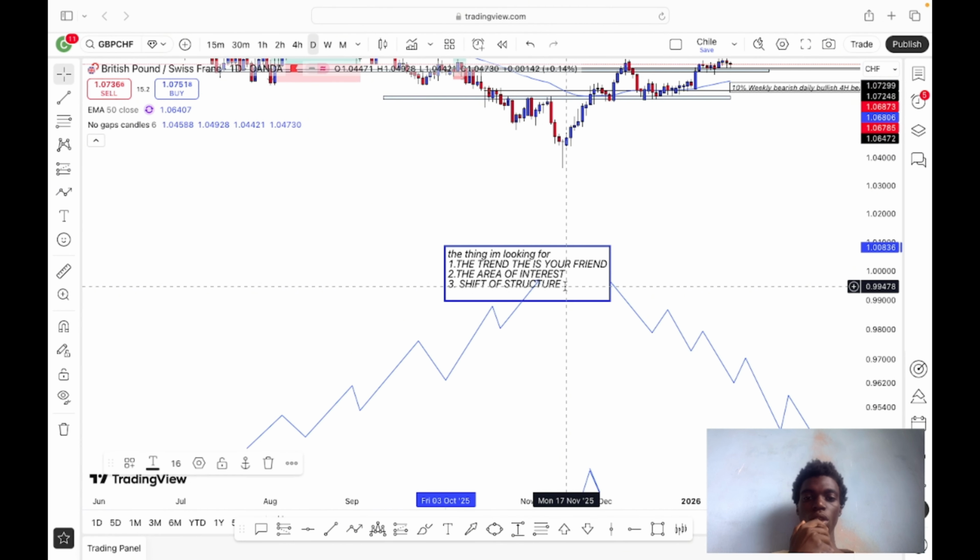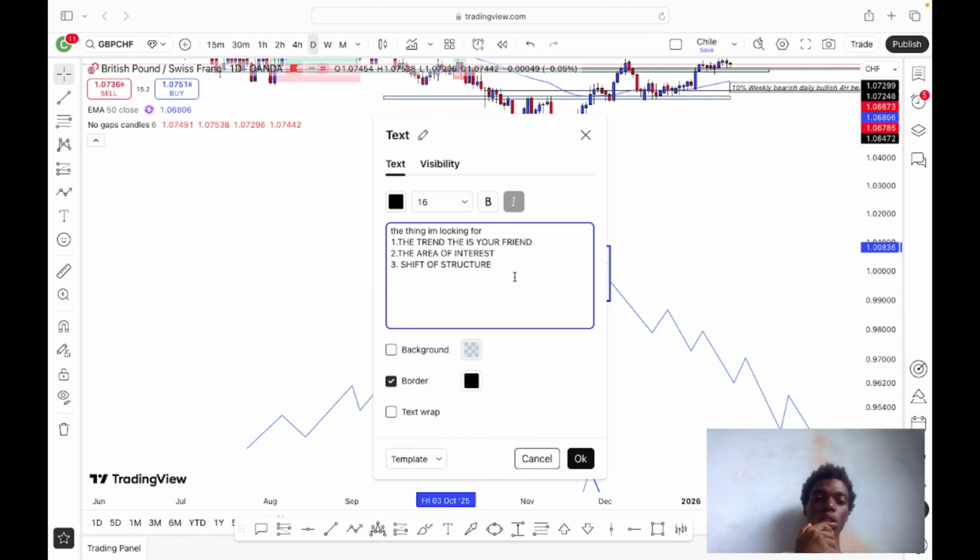And the important thing, the fourth, is the confirmation. I'm looking for the confirmation. What I mean by confirmation is, let me give an example.